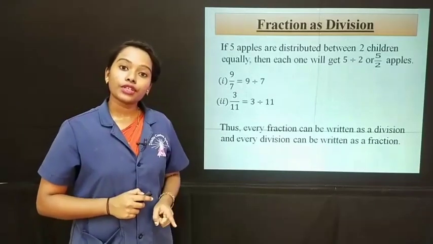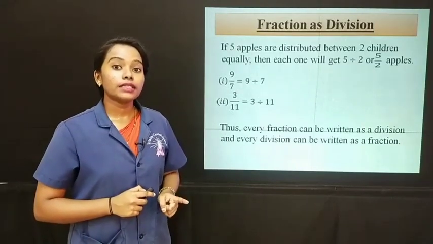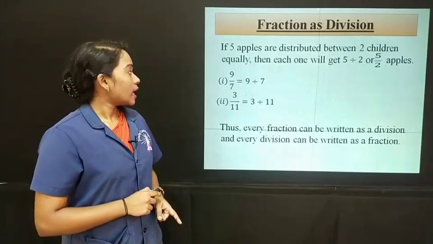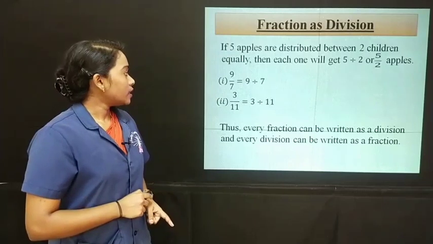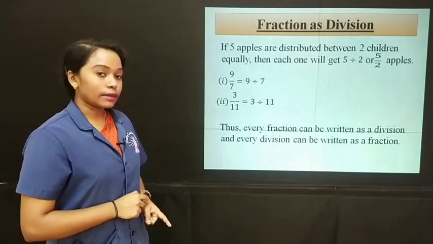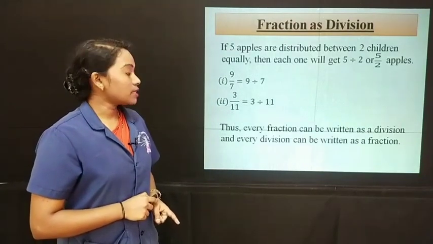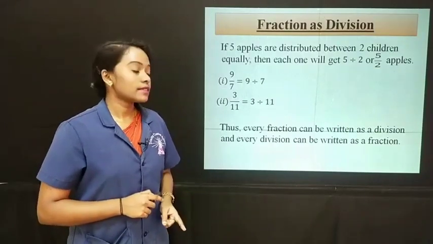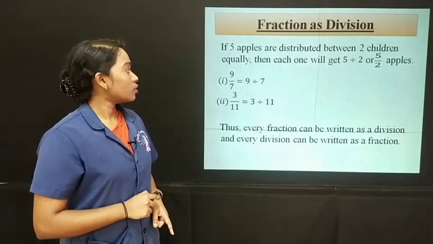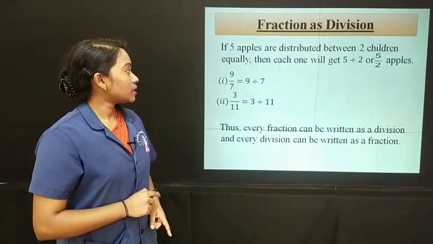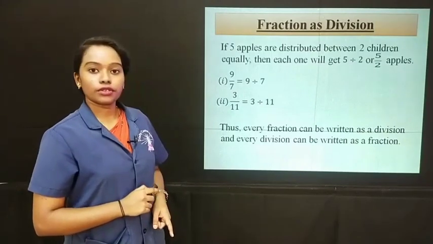It is a fraction which is represented in terms of division as 9 divided by 7. And here also we have a fraction 3 by 11, which is represented in terms of division as 3 divided by 11. So, a fraction can be written in terms of division.